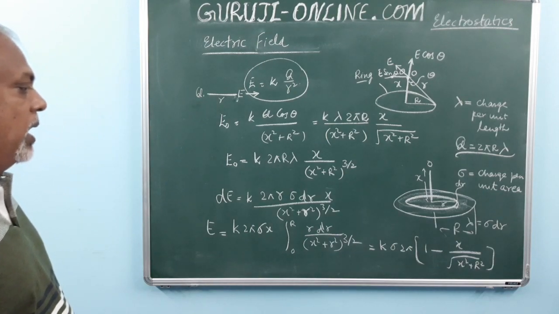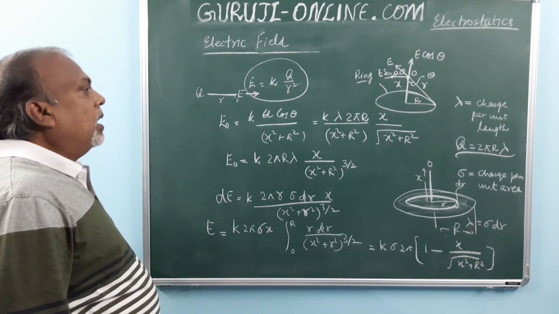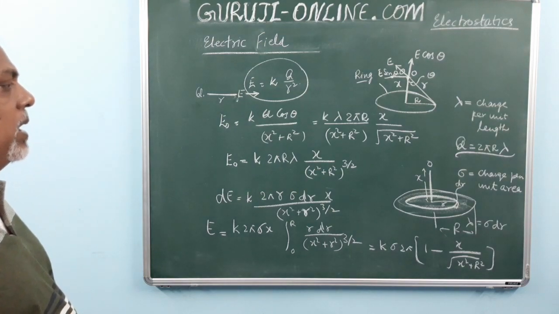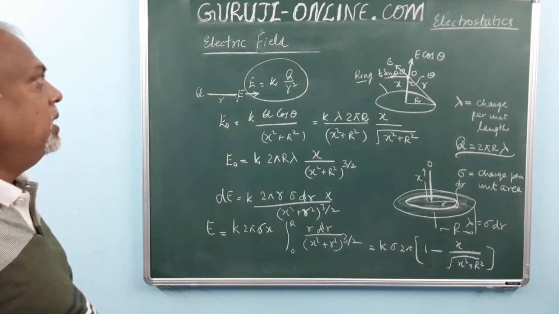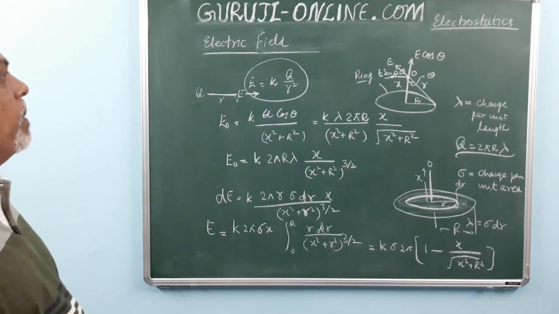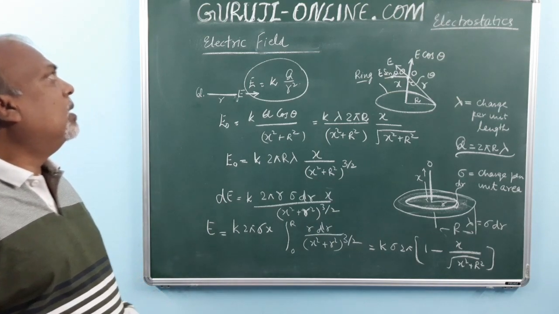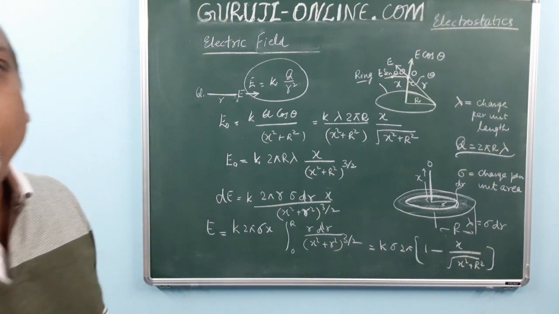So this will give you the electric field due to a disk at a point O, which is x meter above this disk. So now we will take some more problems.